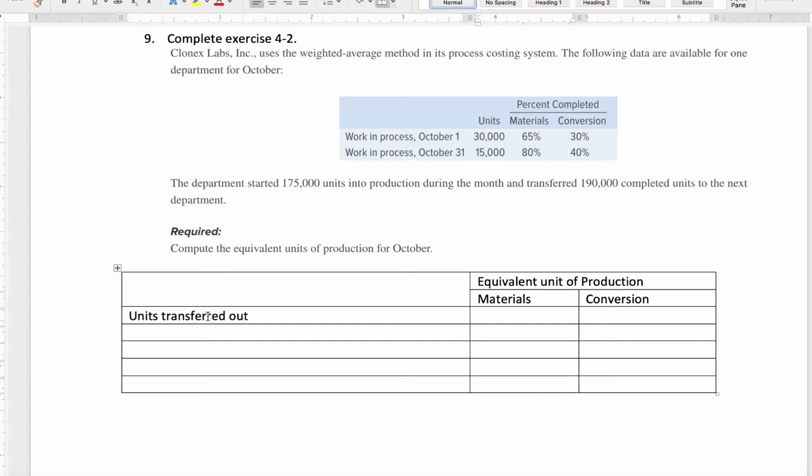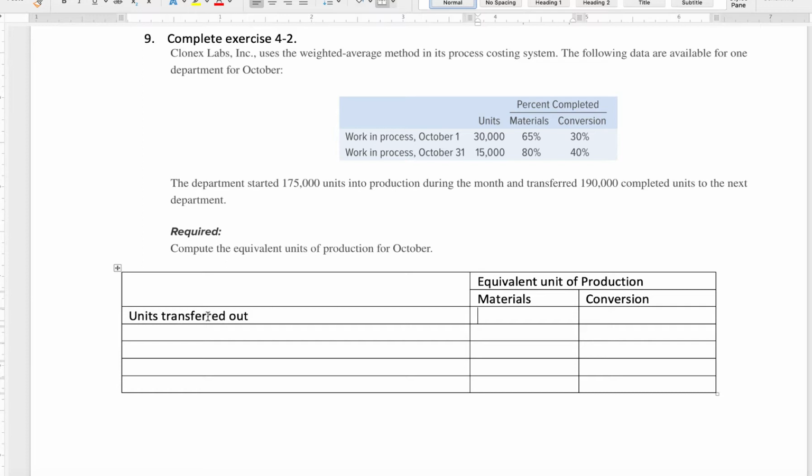If we read that little sentence underneath, it says the department started 175,000 units into production during the month, and they transferred out 190,000 completed units to the next department. So we started 175,000 units, and during the month we completed and transferred out 190,000 units.